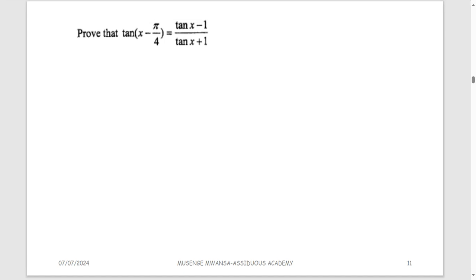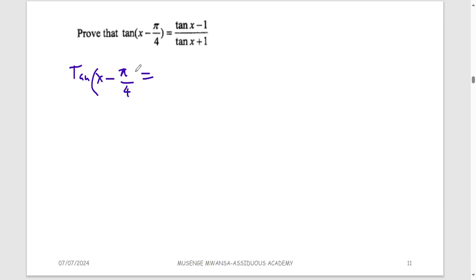Now this one I've already derived for you. Prove that tan of x minus pi over 4 is tan x minus 1 over tan x plus 1. I don't know if you want me to do it again. So basically, you know tan of x minus pi over 4. Remember what we said about the special formula for tan?